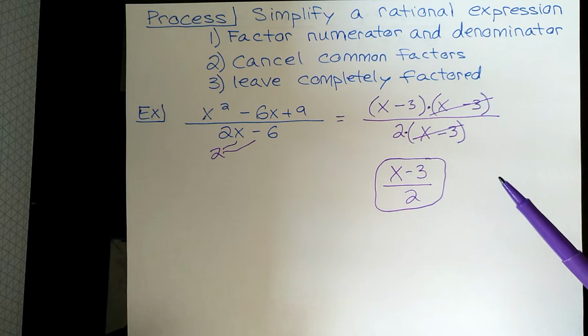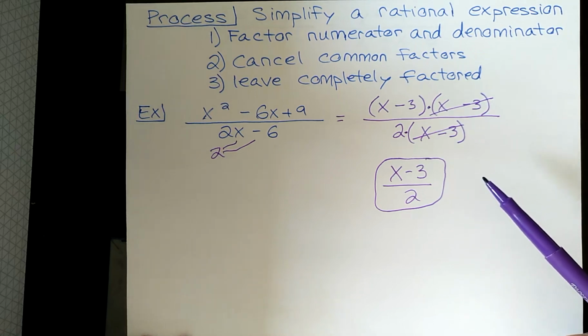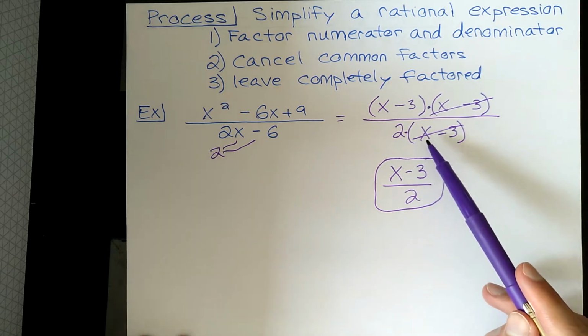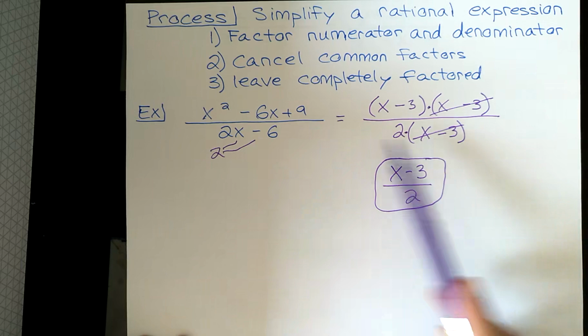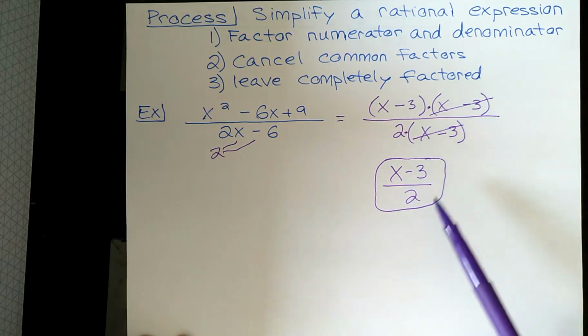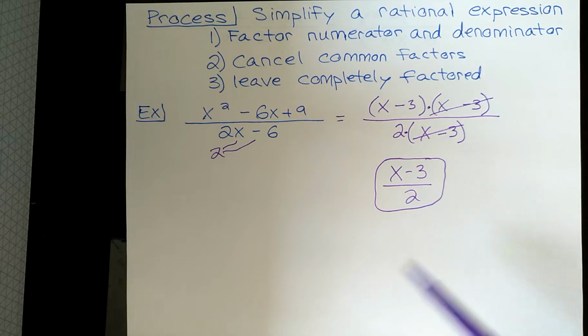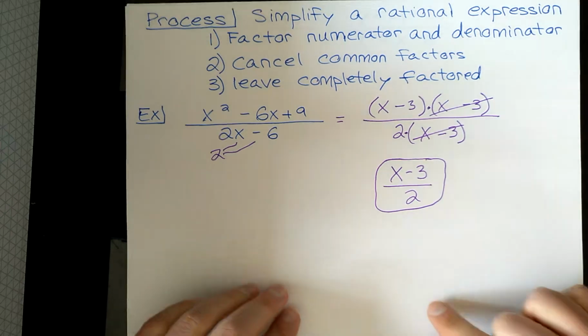That hole is something that we have to make note of, because you technically couldn't plug the value x equals 3 into this original problem without getting division by 0, but you could plug it into this one. So it's something to be aware of. We'll get to that later on.